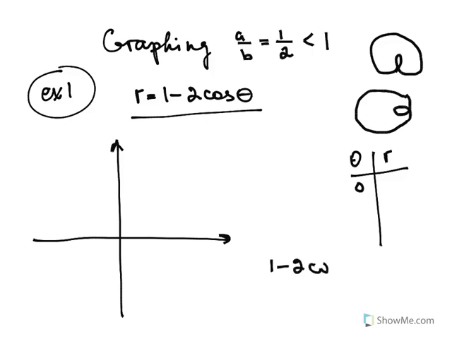1 minus 2 cosine of 0. Cosine of 0 is 1. So you get 1 minus 2, which is negative 1. So the first point, 0 comma negative 1. So 0 degrees, here you are. That's your initial position. But radius is negative 1. So you're not going to be here with the radius equal to 1.